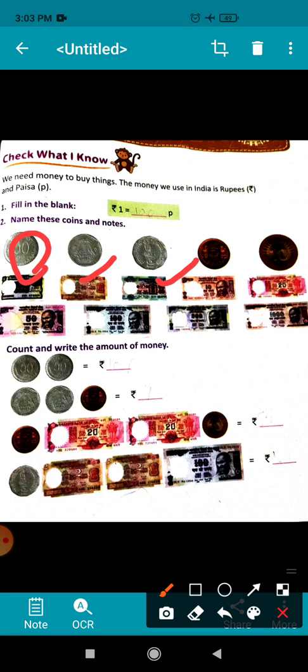Okay, and 1 rupee has 100 paisa. Children, rupee is a big unit of Indian currency and paisa is a small unit. So 1 rupee has 100 paisa and the symbol of rupees is this.